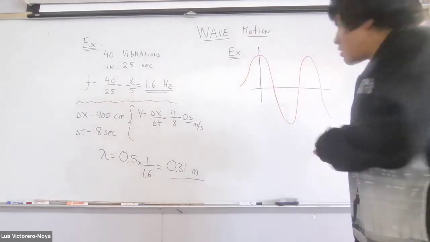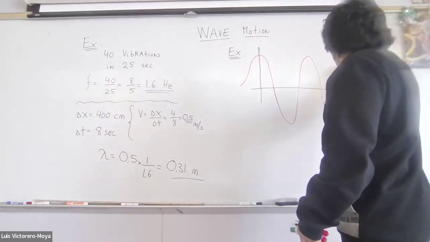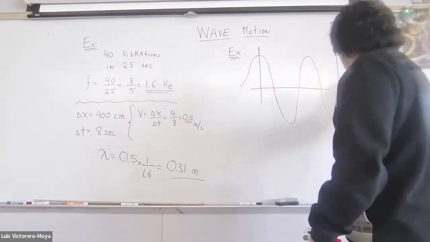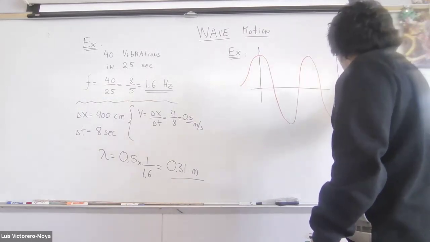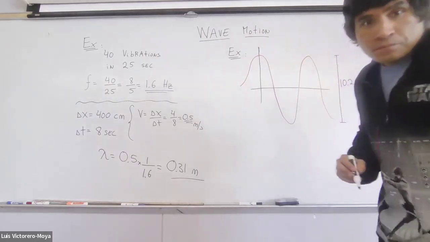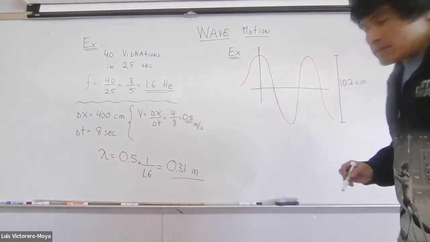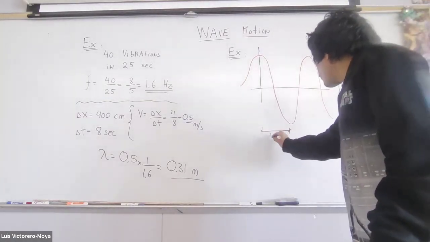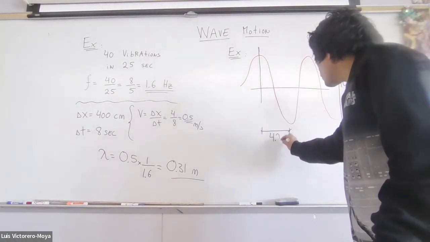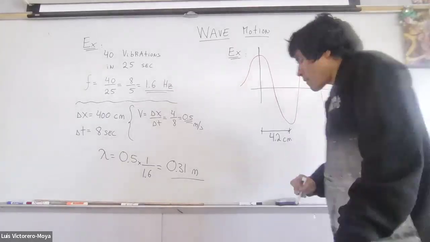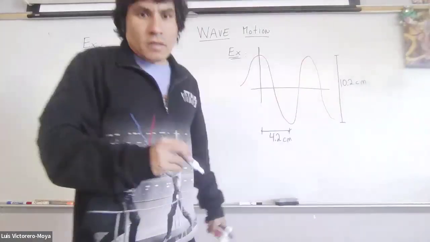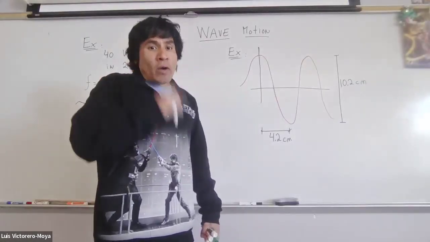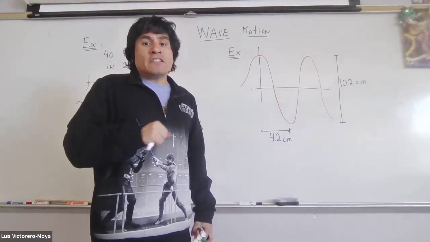And they give you the whole value of this, which is 10.2 centimeters. And they give you this distance, interestingly enough, 4.2 centimeters. Find the amplitude, find the wavelength, find the period, and the speed of the wave.